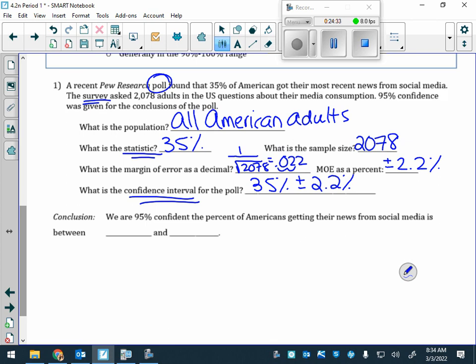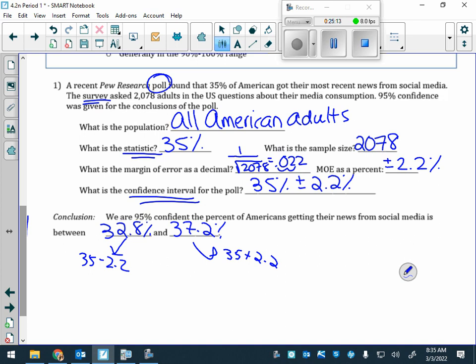Yep. Good. Okay. So we have 32.8. Thank you. And 37.2%. So what we did to get this, remember it's plus or minus. 35 minus 2.2 and 35 plus 2.2. So it gives you a range to buffer out any of those errors that might occur.